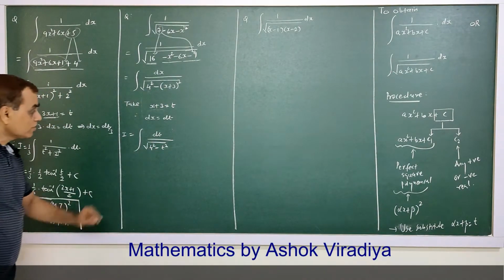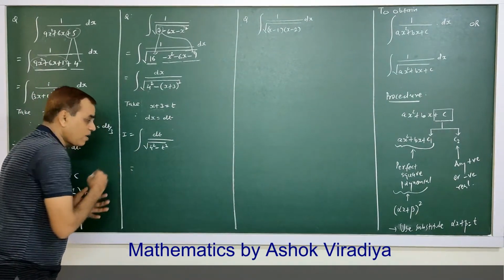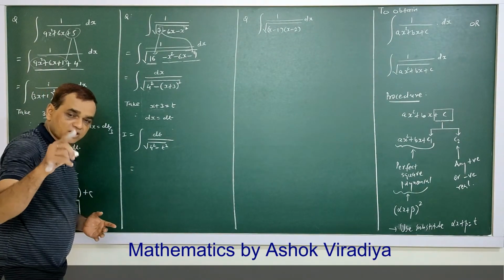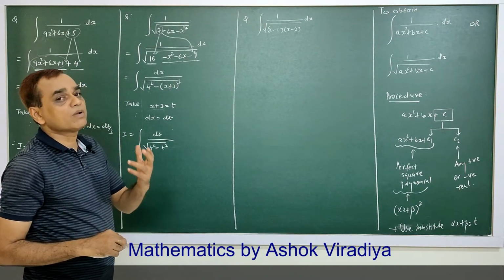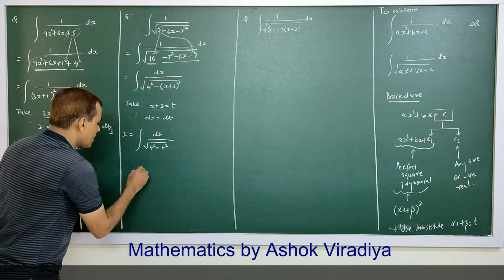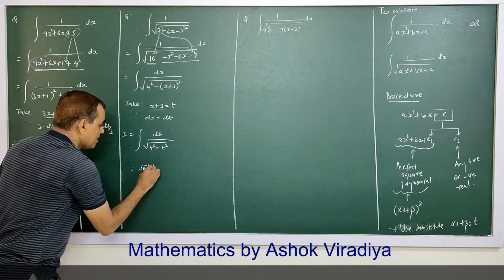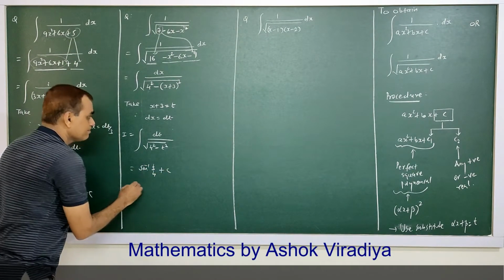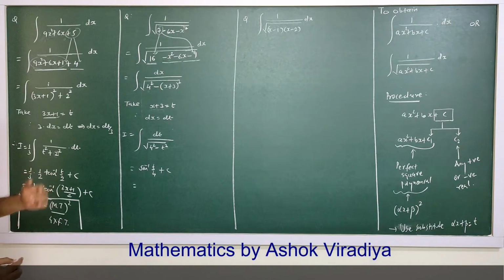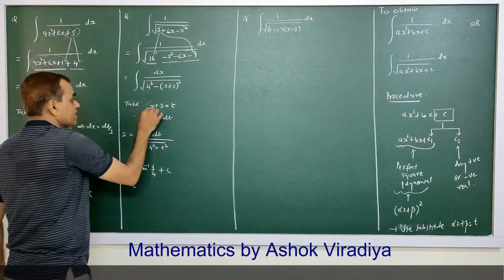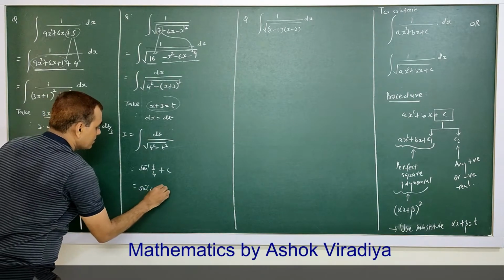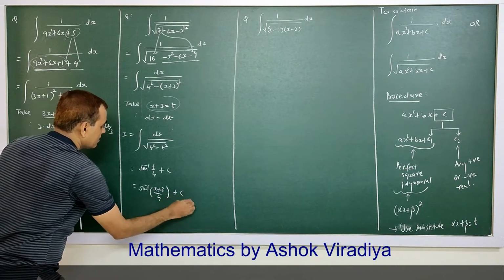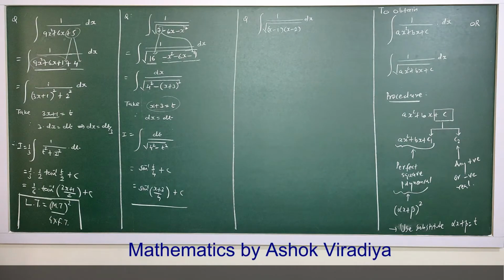So the formula is 1 upon root a square minus x square, which gives sine inverse x upon a plus c. And the value of t is x plus 3. So putting here x plus 3, this is the required integral.